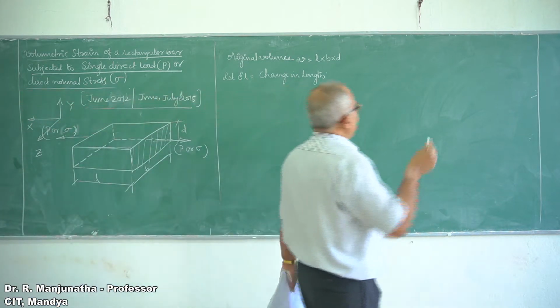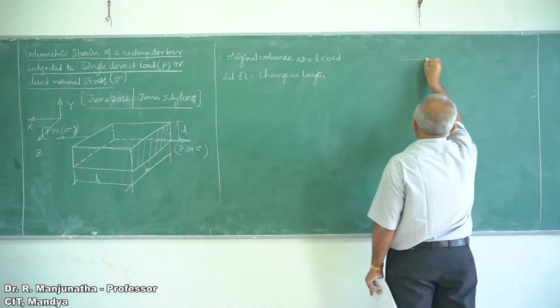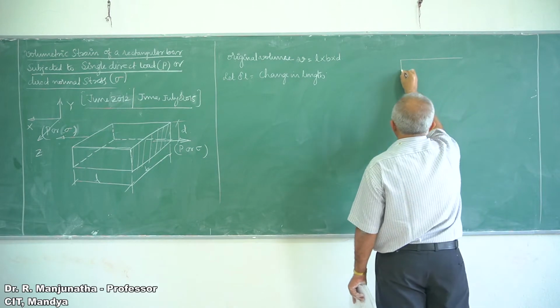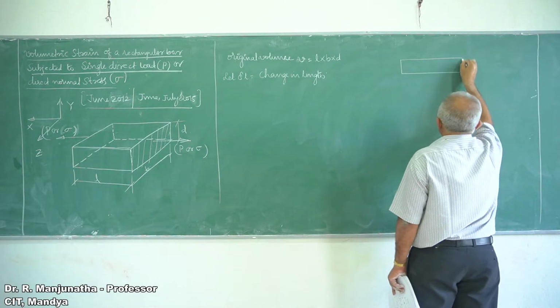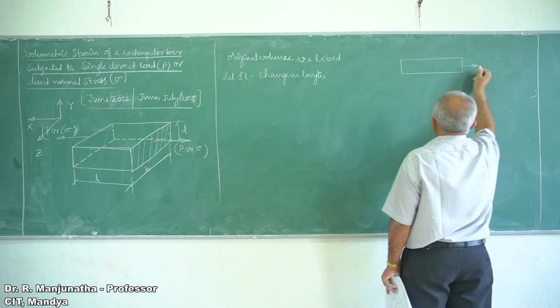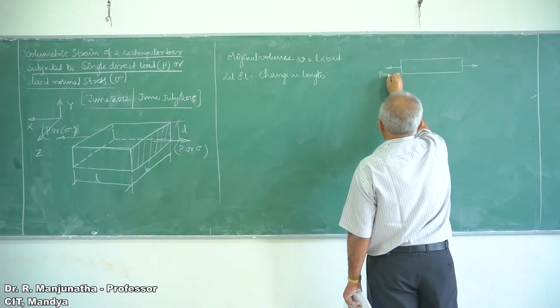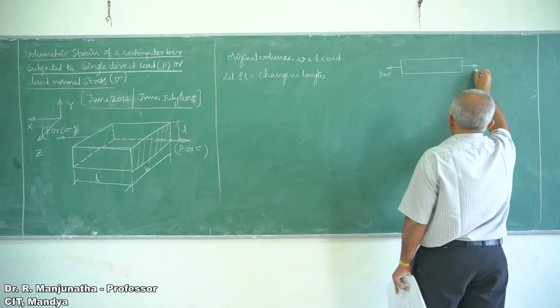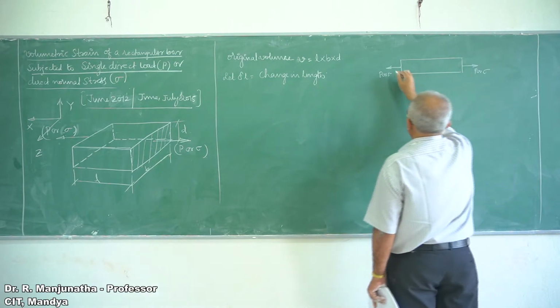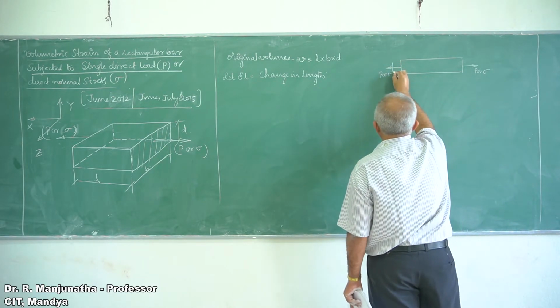We have seen this in the previous video, when we have the length of the bar and apply the tensile load P. In this case we are considering sigma also. So here P or sigma is what we are talking about. The length is going to be increased by this much.